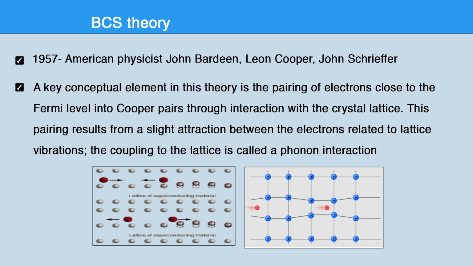BCS theory also predicts an energy gap in the electronic structure, preventing scattering and thus ensuring zero electrical resistance. The theory accounts for key phenomena like the Meissner effect and the isotope effect, providing a comprehensive explanation for how and why superconductors behave the way they do at low temperatures.